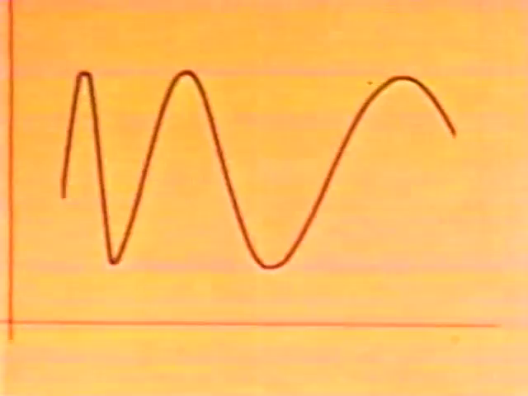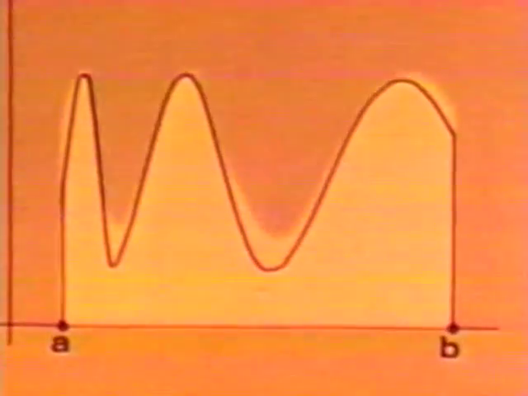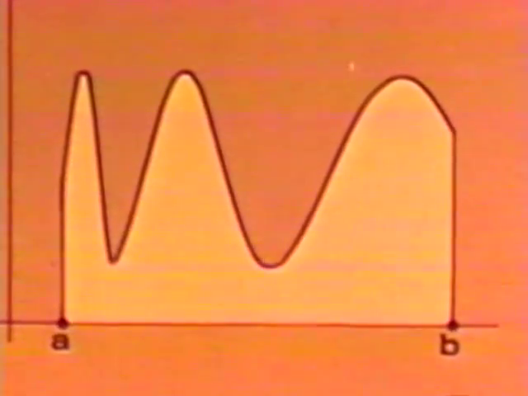The region between the graph and a closed interval has an area in many important cases, in particular when the function is continuous or monotonic.